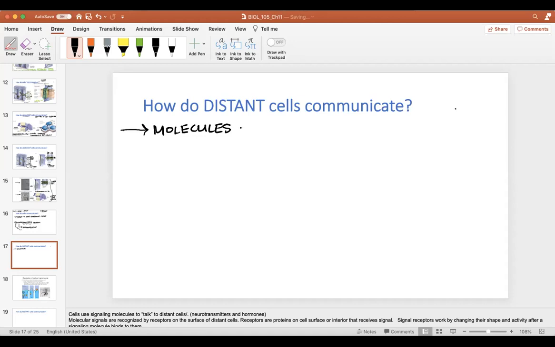But in any case, there are two basic types of molecules that often function as cellular signals, and you've heard of both of these. Hormones. So you might have a hormone produced in one organ that gets sent to another part of the body to give a signal. And the other type is a neurotransmitter.